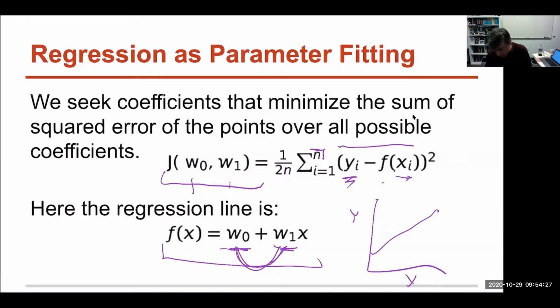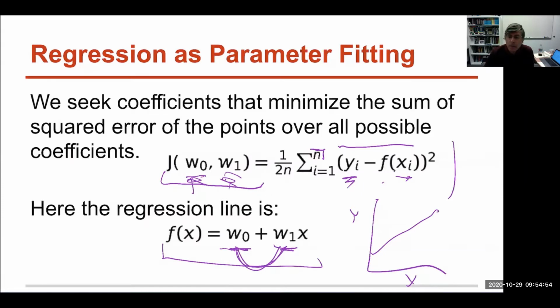We want to minimize the sum of squared error. For any given w0 and w1, this equation is going to give you the sum of squared error. And our goal here is to try to find the w0 and w1 that achieve this minimum. Any questions about that?